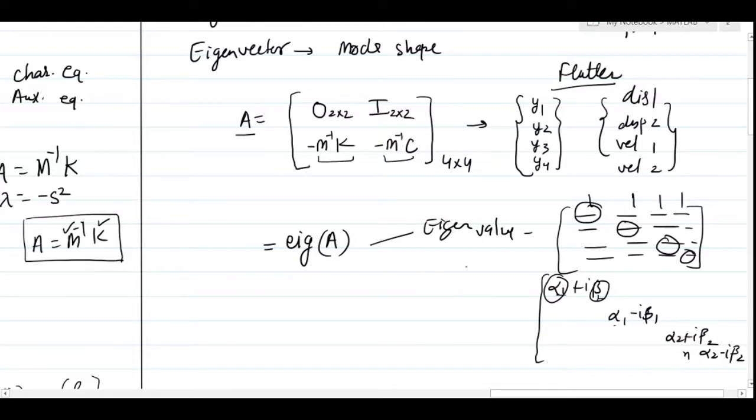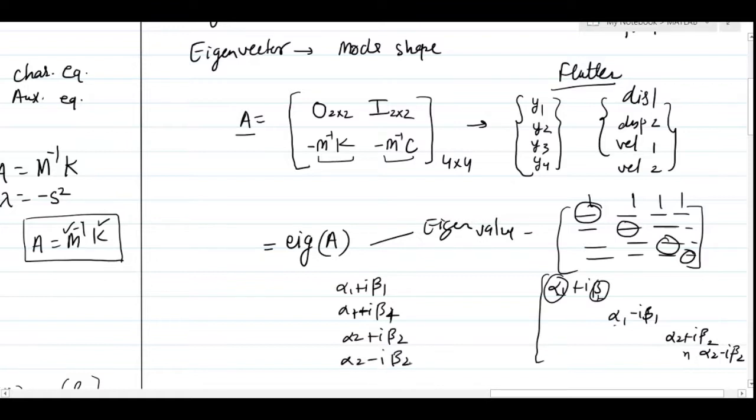If I simply take the diagonal of this, I will get alpha 1 plus i beta 1, alpha 1 minus i beta 1, alpha 2 plus i beta 2, and alpha 2 minus i beta 2.